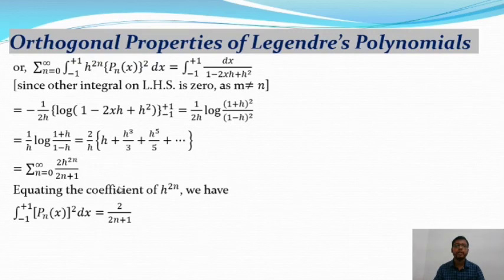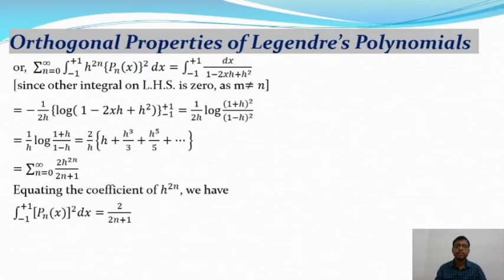Now equating the coefficient of h^(2n) on both sides, we get the integral from -1 to +1 of (Pn(x))² dx equal to 2 by (2n + 1). Hence the proof of the second orthogonal property of the Legendre polynomial.